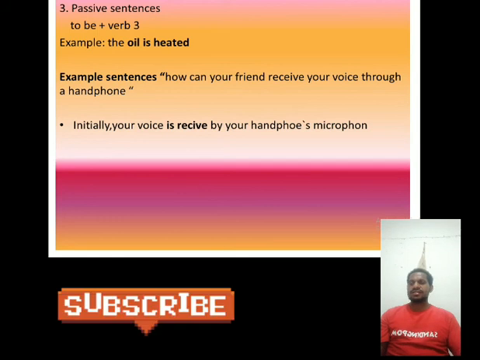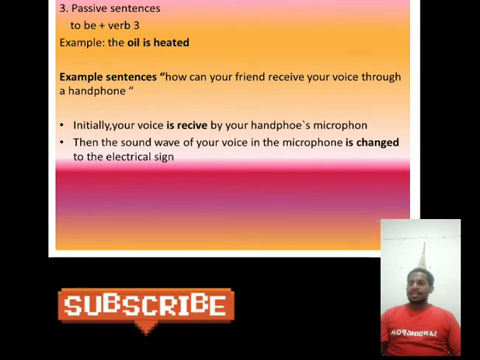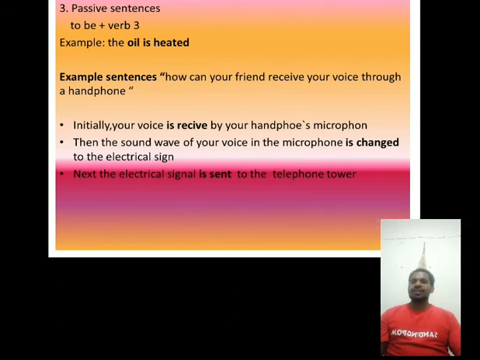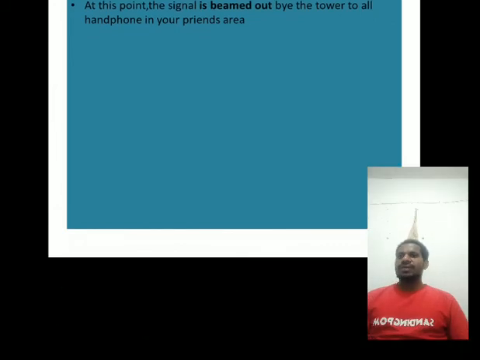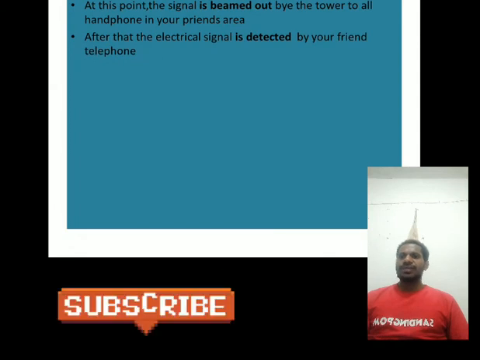First, initially your voice is received by your handphone's microphone. Second, then the sound wave of your voice in the microphone is changed to an electric signal. Next, the electrical signal is sent to the telephone tower. At this point the signal is beamed out by the tower to a handphone in your friend's area.